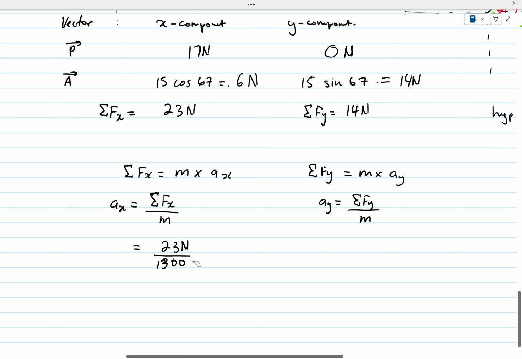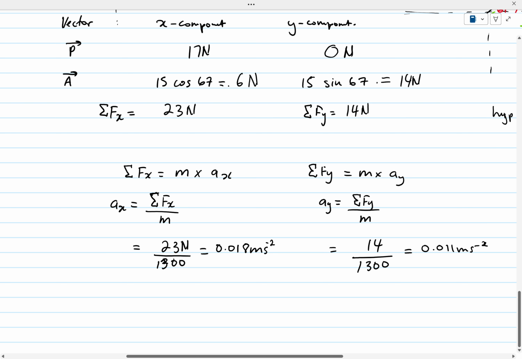And over here it would be 14. I said 14 and I wrote 15, but it would be 14 divided by that. The answer here would be 0.018 meters per second squared, because this is acceleration. And over here, that should be 0.011 meters per second squared. And that is how we get the accelerations.